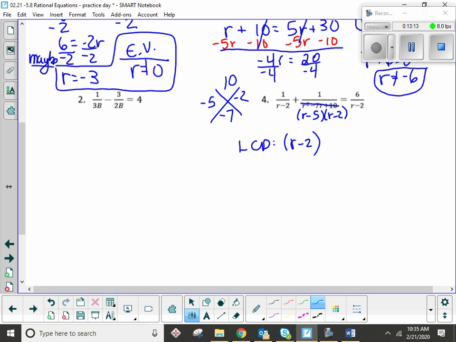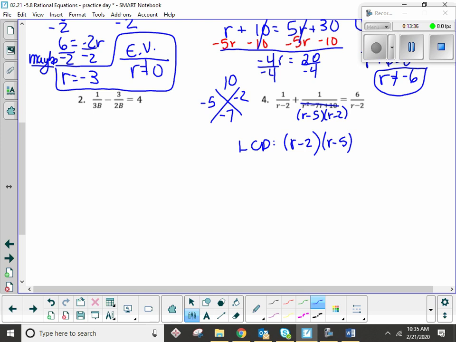R minus 5. It also needs r minus 2, but I already have it, so that's good. And what does the third fraction need? Well, for the group denominator, it needs the r minus 2, but I already have it, right? But yes, now when I go to rewrite, I will have to throw in the r minus 5. So that's just my group denominator.